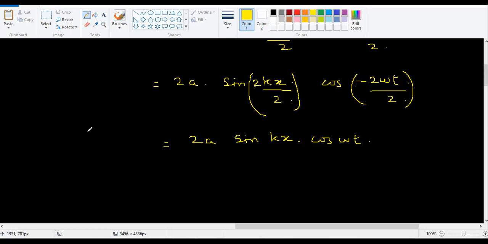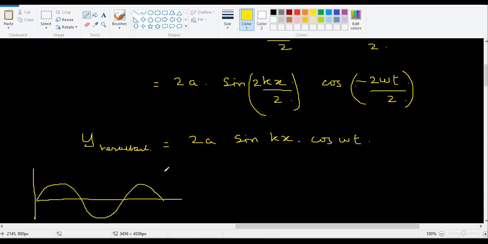So this is starting from a node. Suppose if the wave was looking something like this. So what is the y displacement at a given location?